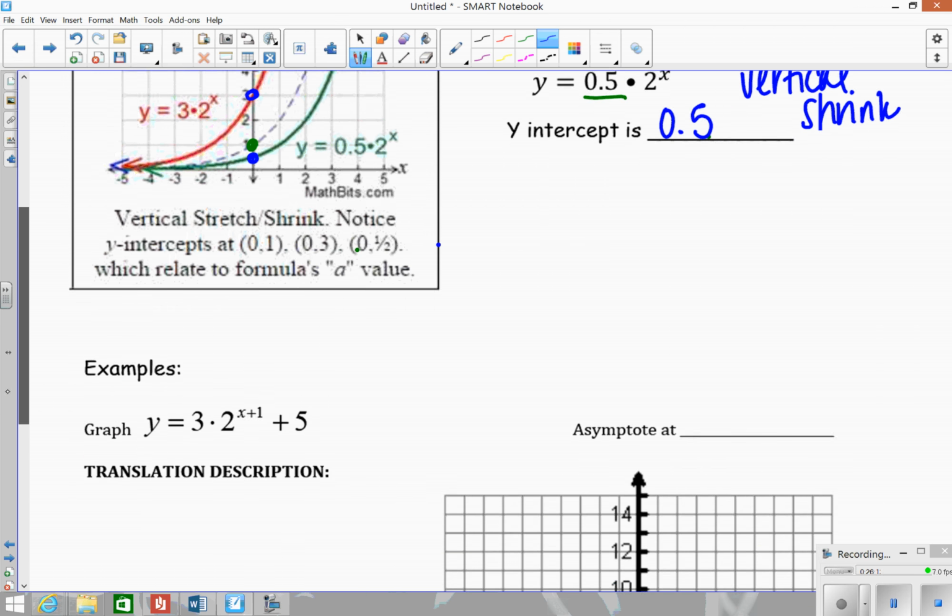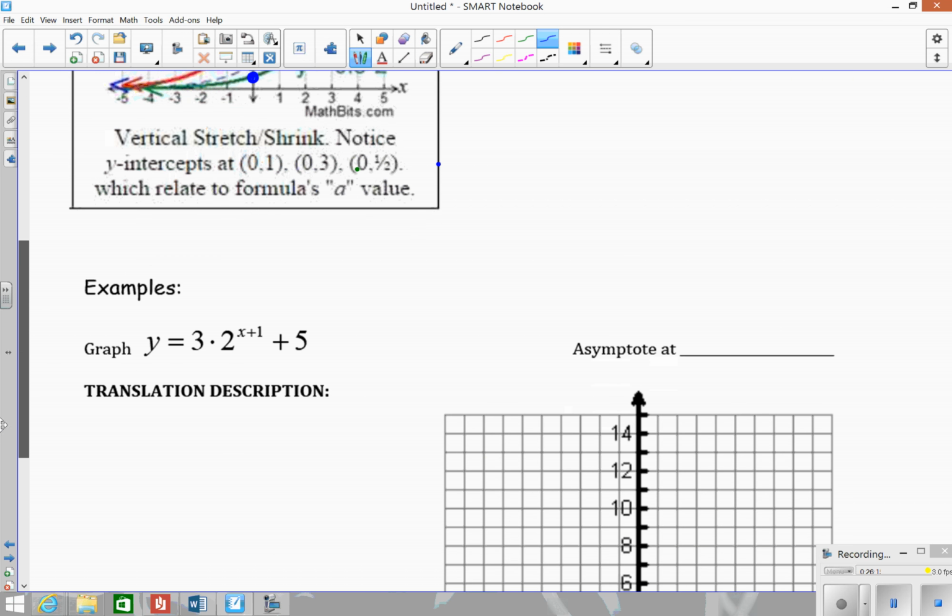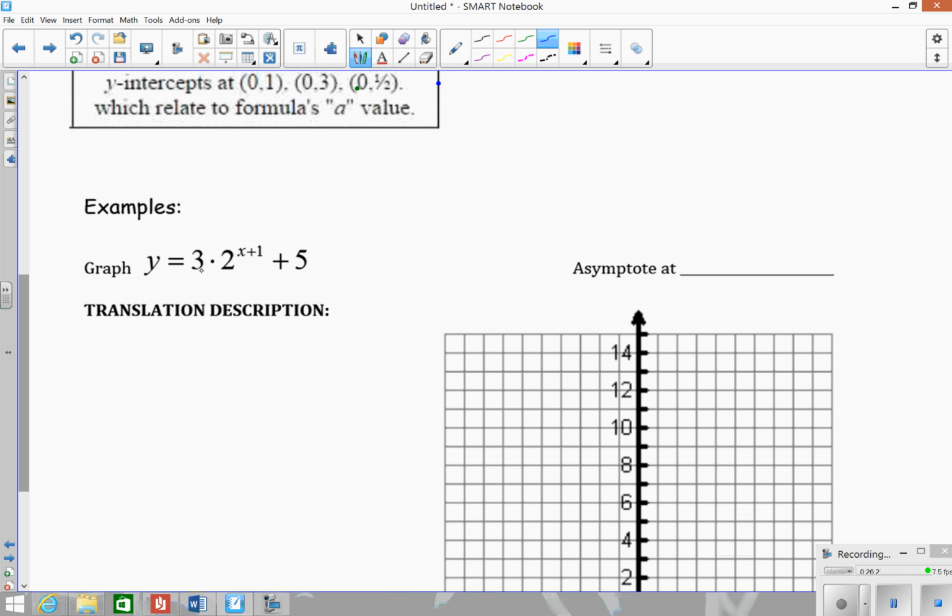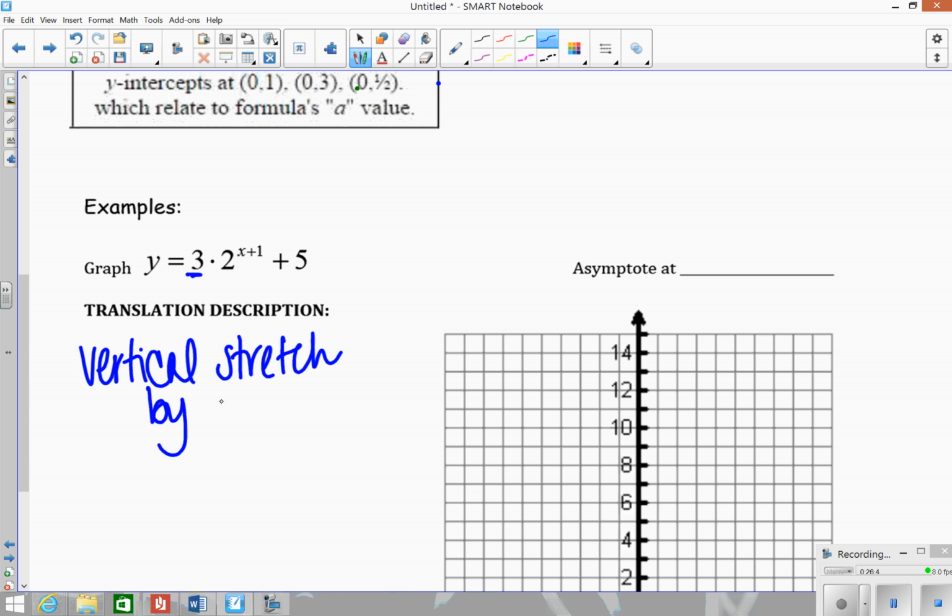And then if we look at some examples with a combination of things, meaning we have stretches and shifting happening. Looking at this first example, if I look at the equation and try to dissect what's happening, the first thing I notice is there's a 3 in front. The 3 in front tells me there's going to be a vertical stretch by a factor of 3.